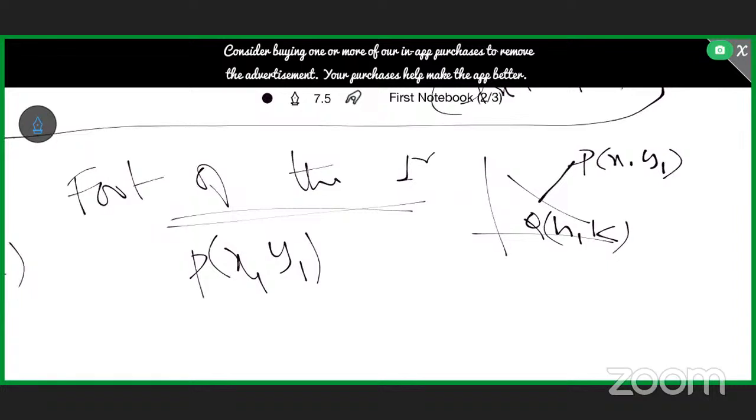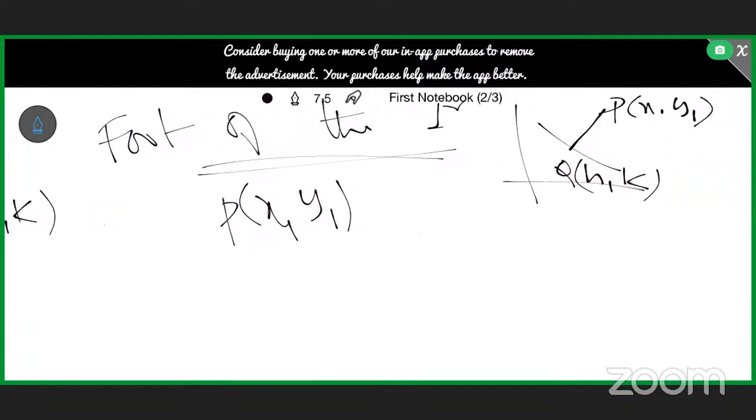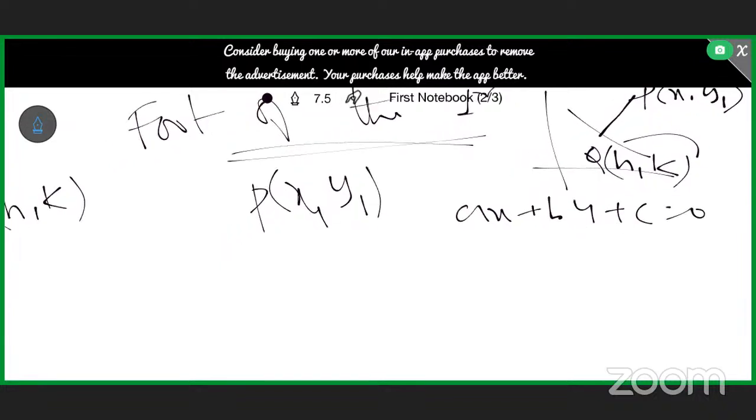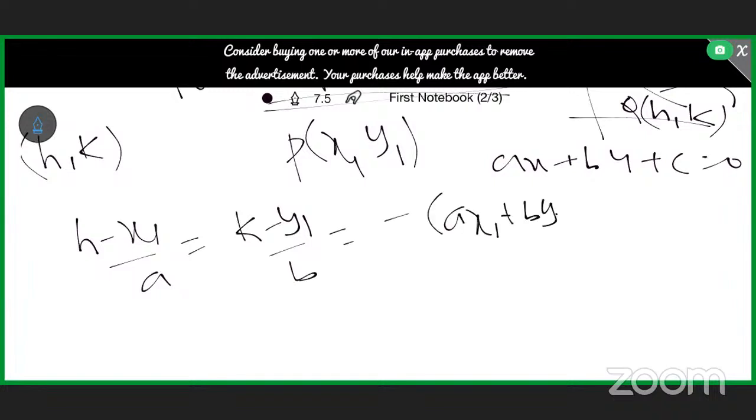This is my foot of the perpendicular. So h comma k is the foot of the perpendicular of P(x1, y1) on this line. This line equation is given as ax plus by plus c is equal to 0. Then the equation will become (h minus x1) by a is equal to (k minus y1) by b is equal to minus of (ax1 plus by1 plus c) whole divided by a square plus b square. This will be a number only, so you can use it.